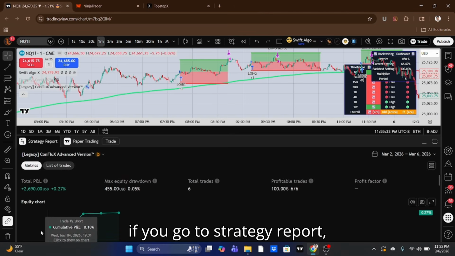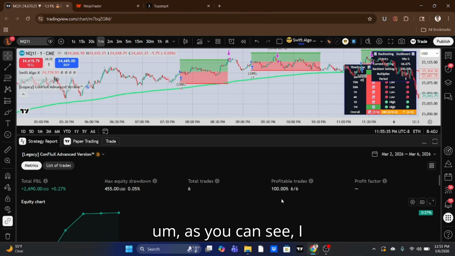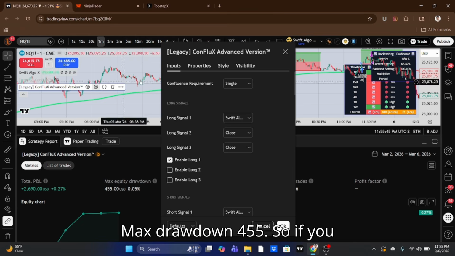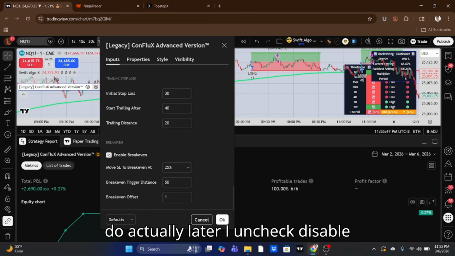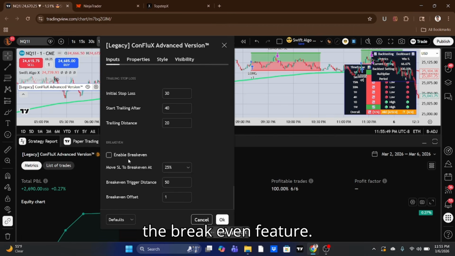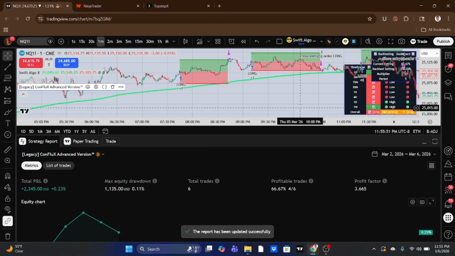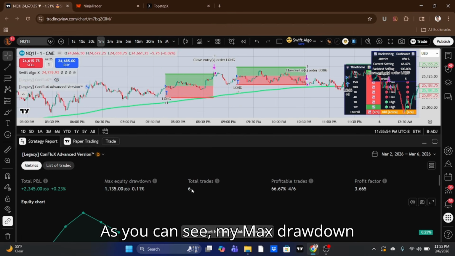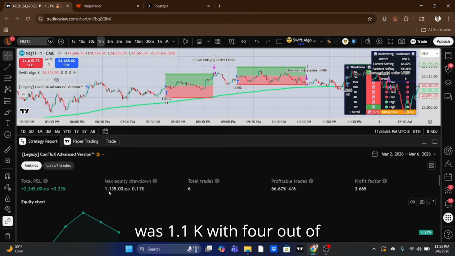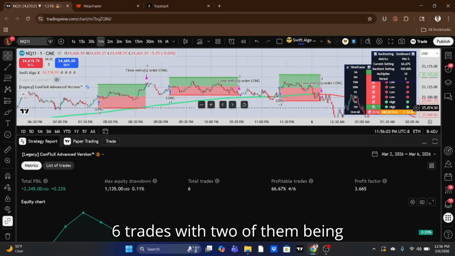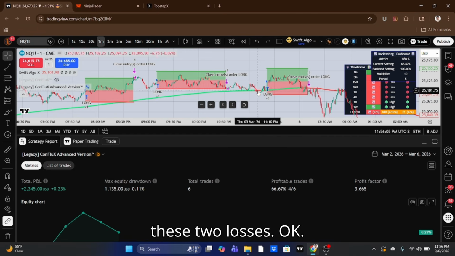So if you go to strategy report, as you can see, I won all 6 trades with a P&L of 2.6K with a max drawdown of 455. If I uncheck, disable the break even feature, as you can see, my max drawdown was 1.1K with 4 out of 6 losses. 4 out of 6 trades, with 2 of them being these 2 losses, okay?